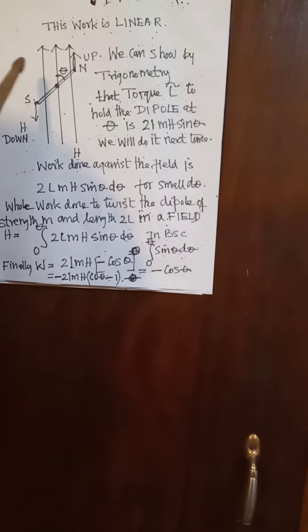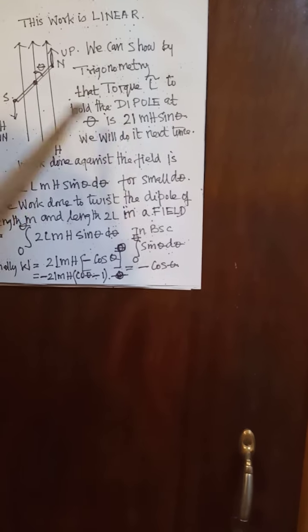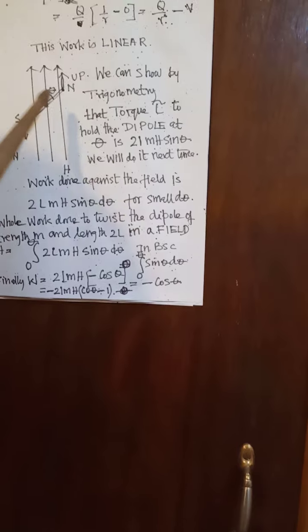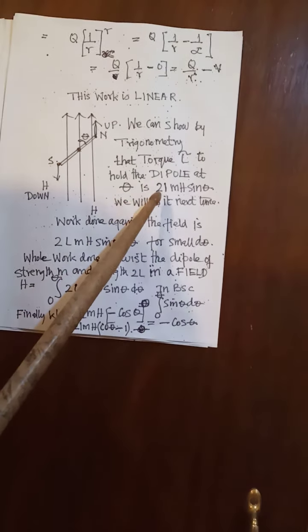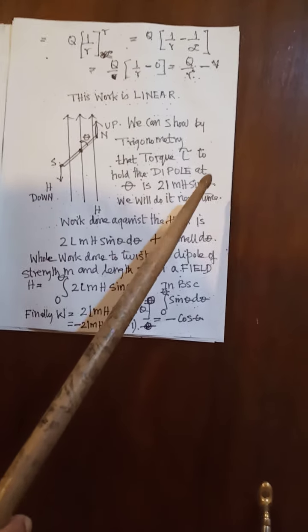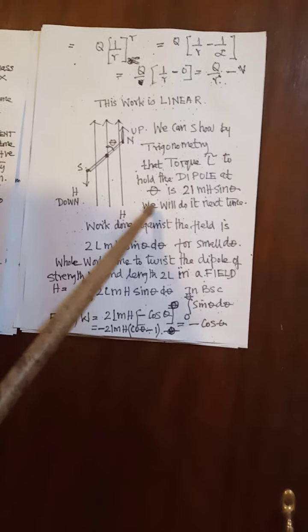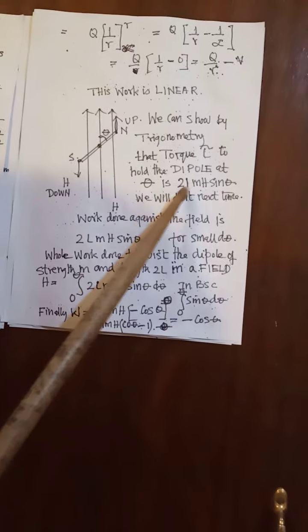Now you need some torque to rotate it, and you will find, I will be doing it with you also, the torque needed to twist this dipole by angle theta is 2LMH sine theta. So this one I'll show you in detail. Now we don't need to do this too much now.